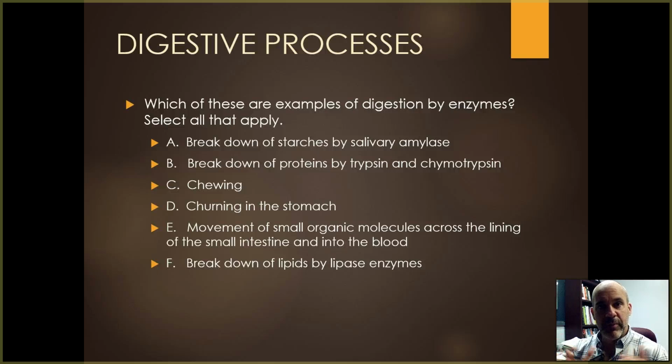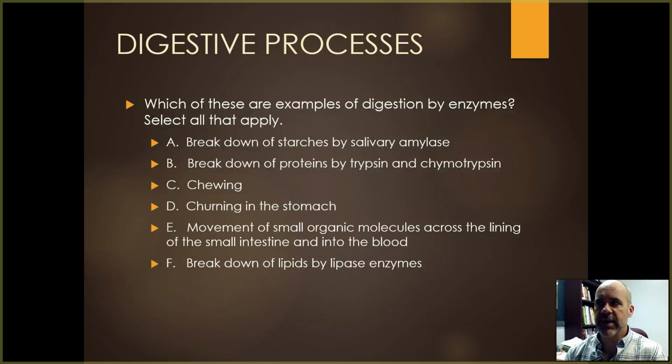Remember, those molecules are polymers. They're chains of smaller organic molecules, the monomers or the subunits or the building blocks. And these big molecules in our foods have to be chopped into those smaller ones so that they can be absorbed in the small intestine. So which of these are examples of digestion by enzymes?